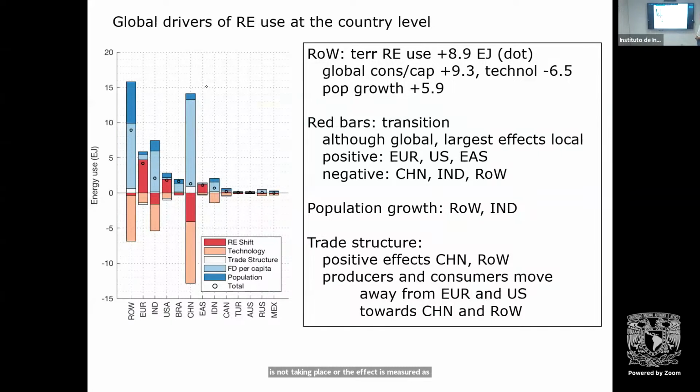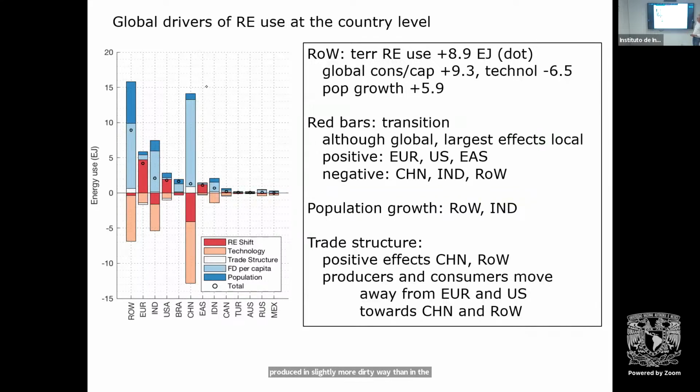Observe also that the trade structure effects are positive for China and the rest of the world. Of course, they are, because the producers and consumers move away from Europe and US inputs, and they now move to Chinese and rest of the world inputs. And the inputs from China and rest of the world are produced in a slightly more dirty way than in the old-fashioned Europe and US inputs.